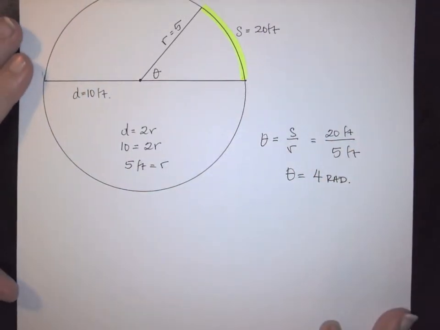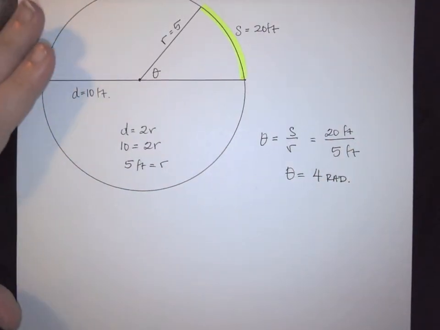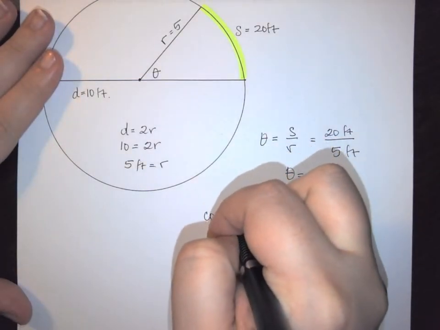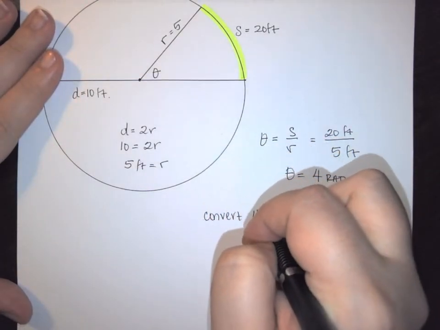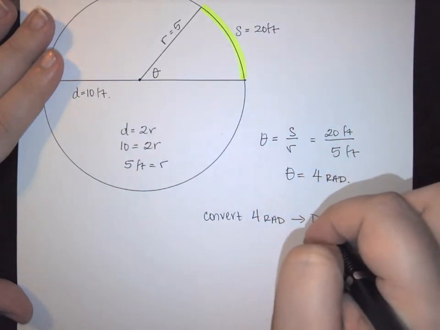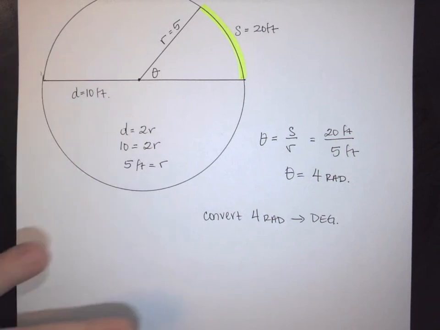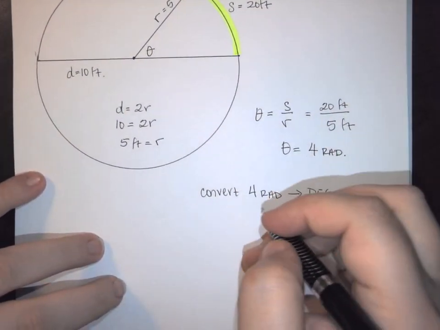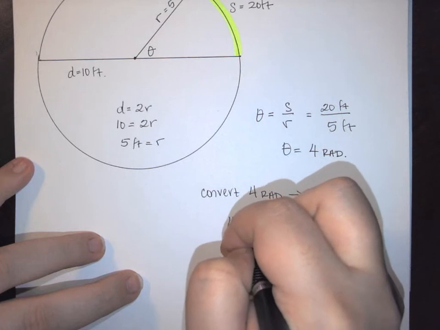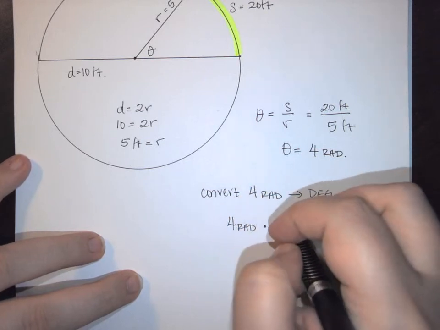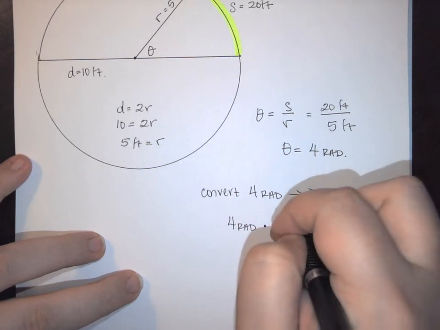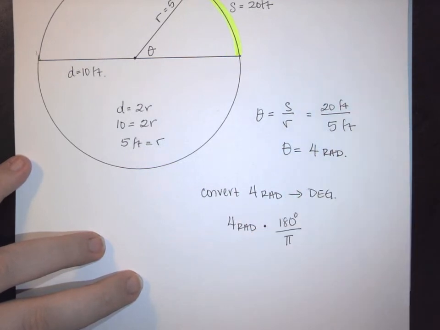Now the other piece that we wanted is the degrees. So once you figure out your radians, we then have to convert my 4 radians into my degrees. So to do that, we're going to take our 4 radians and multiply that by 180 over pi. 180 is your degrees.